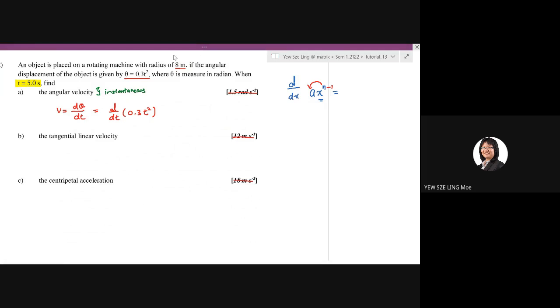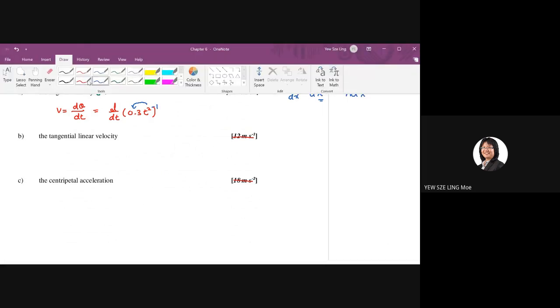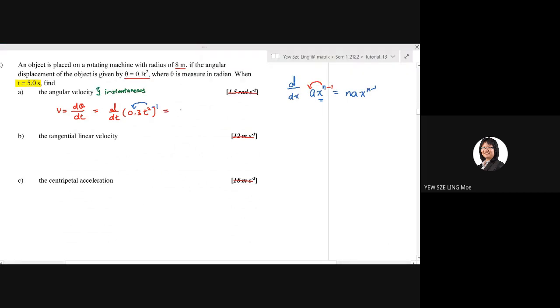So after you differentiate a x^n, you get n times a, times x^(n-1). So this is what happens in this equation. You move the 2 to the front, to multiply with 0.3, and then the power becomes 2 minus 1. So it is equal to 0.6t.